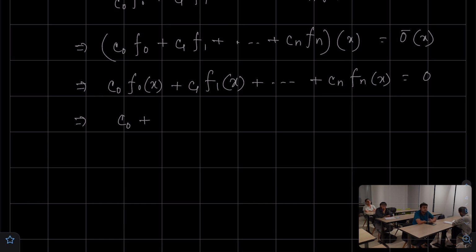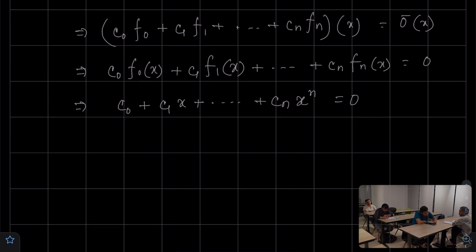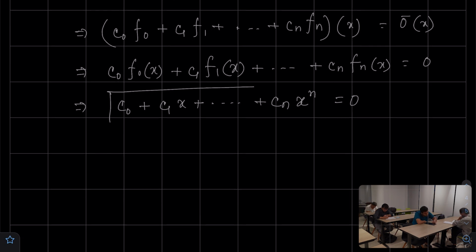That means this is simply c0, then c1 x plus ... plus cn x to the n, and this is equal to 0. But what does this equation actually tell us?